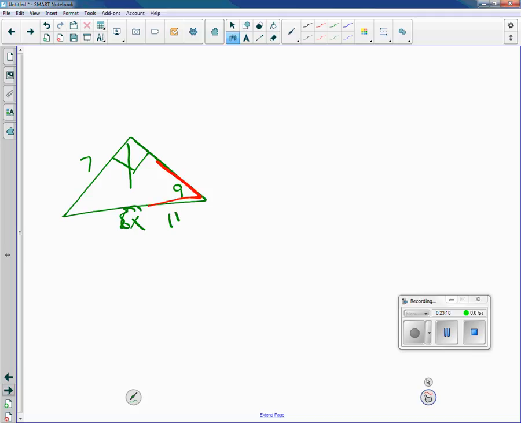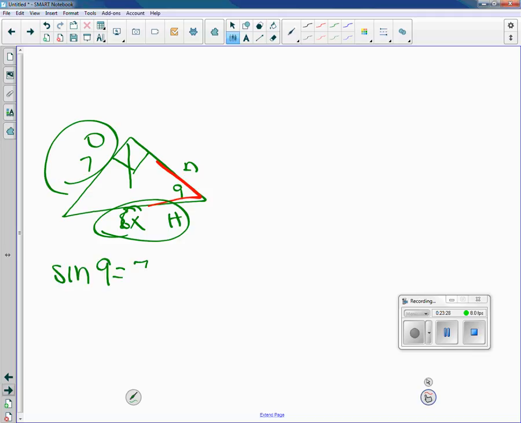This is your H, A, O. You have values for H, you have values for O. So this should have been sine of 9 is equal to O over H. Is everybody with me? This is number 8. If you didn't have to do number 8, you don't need to write it down. I'm just going through them all, okay?